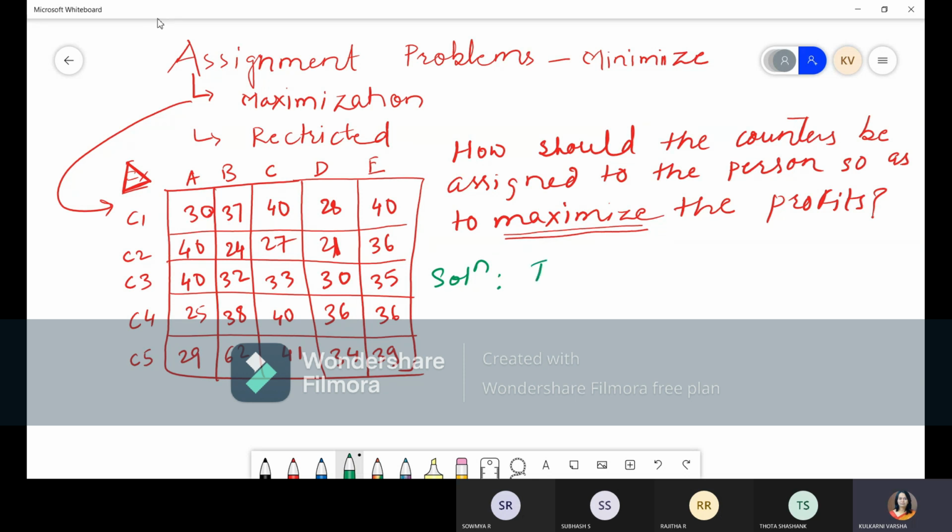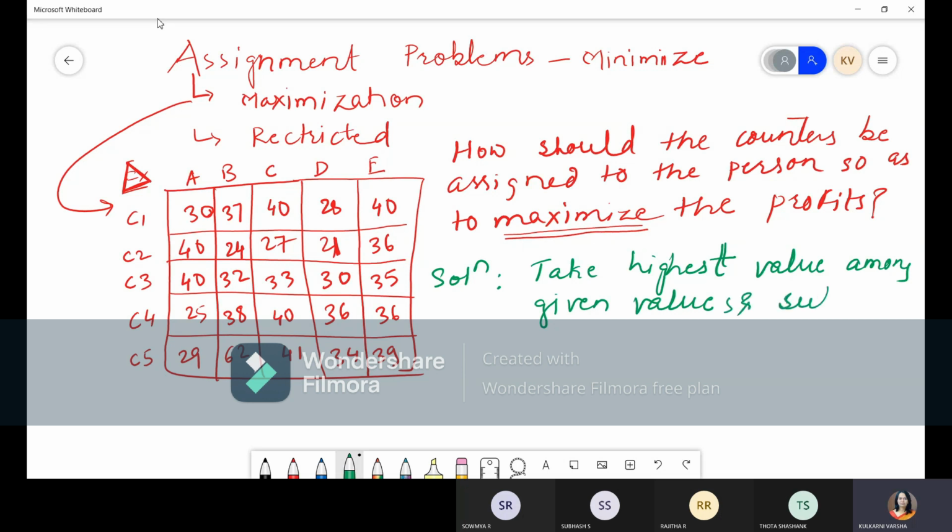So we have to take the highest value among the given values, and then after that we have to subtract all the values from this highest value.